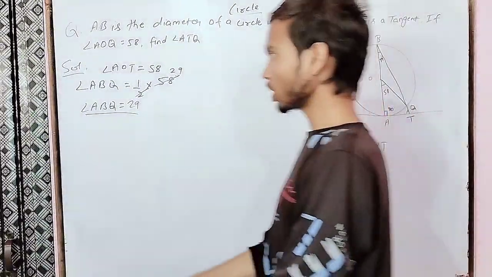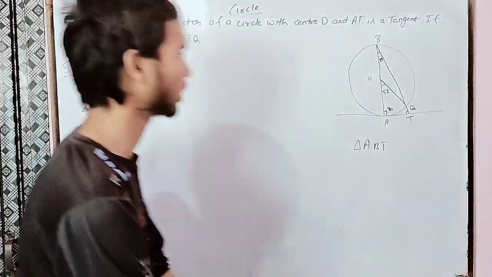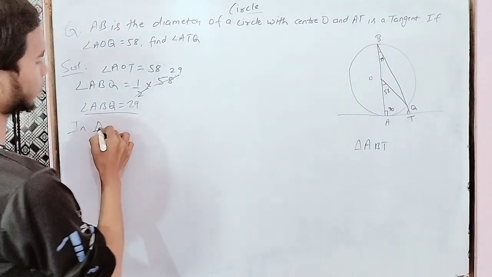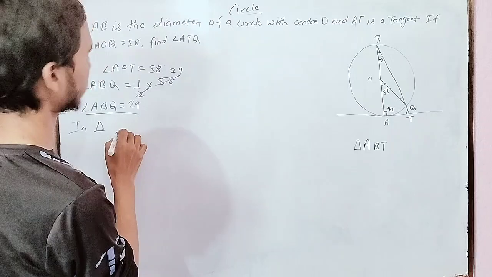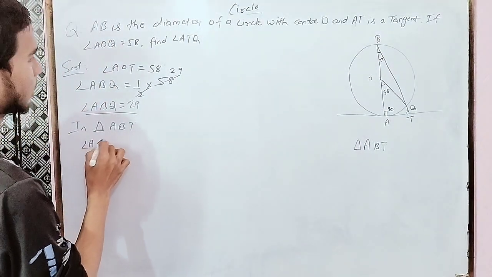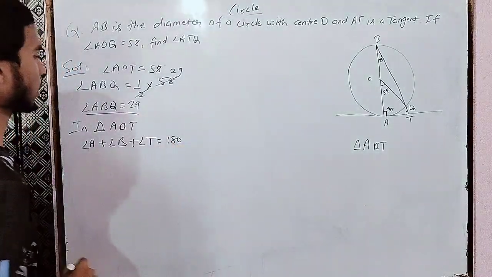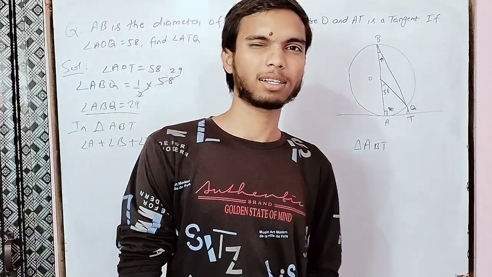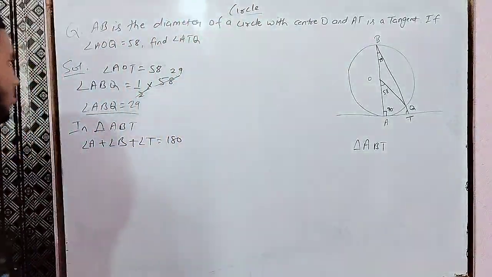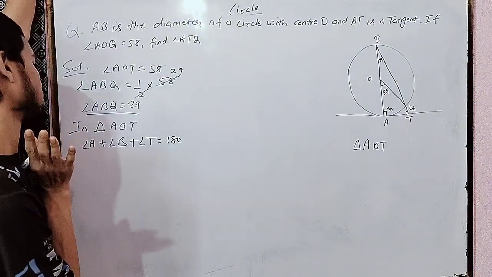There are three interior angles of a triangle which make a 180 degree angle. Okay, we have triangle ABT. So here angle A plus angle B plus angle T will be 180 degrees, because the sum of all interior angles of a triangle is 180 degrees. You are already aware. Now whatever is given we will substitute.